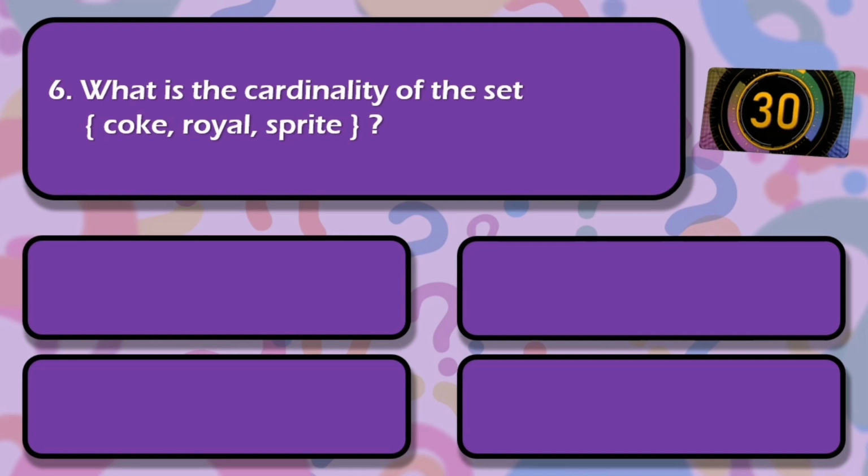Number 6. What is the cardinality of the set with the elements Coke, Royal, and Sprite?